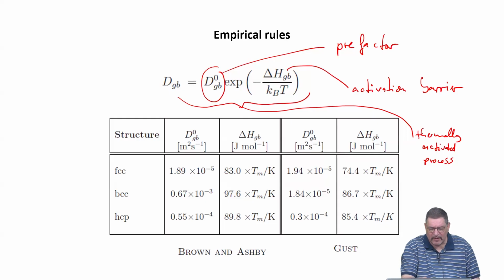So you see that basically the higher the melting temperature, the higher the lattice stability, the tendency is that you get also higher activation enthalpy for grain boundary diffusion. Warning, these are rules of thumb.